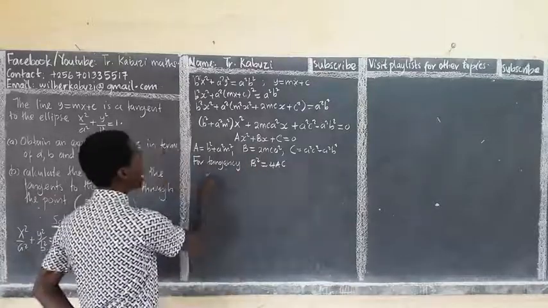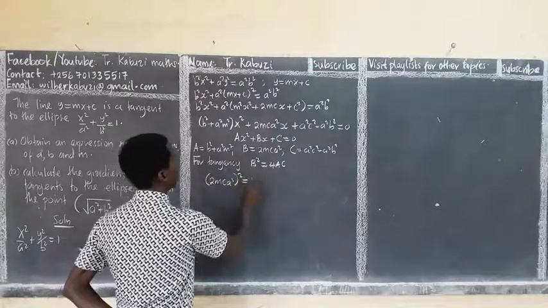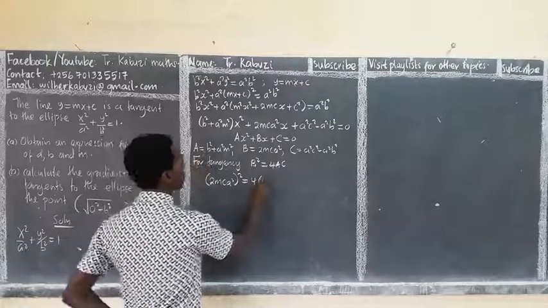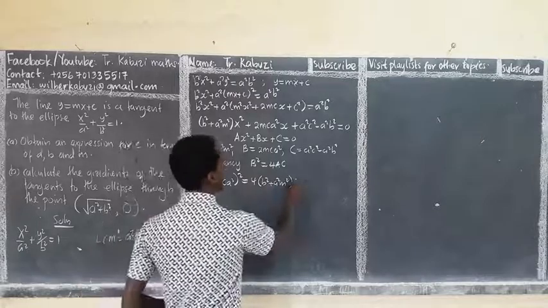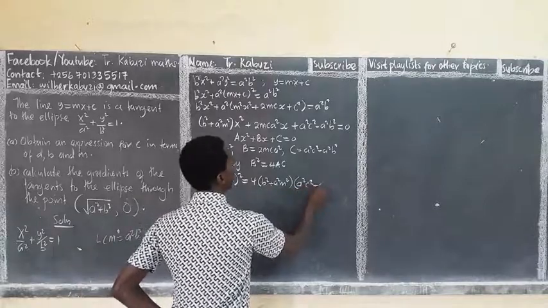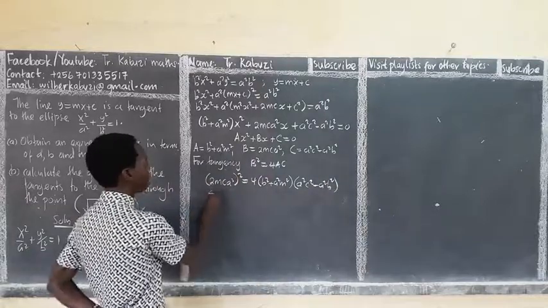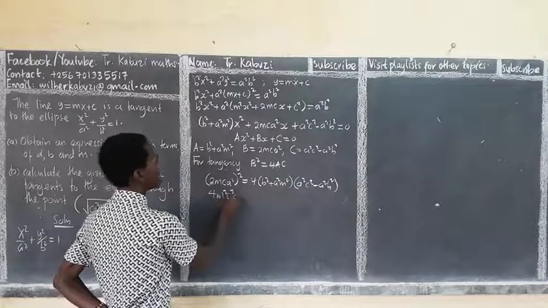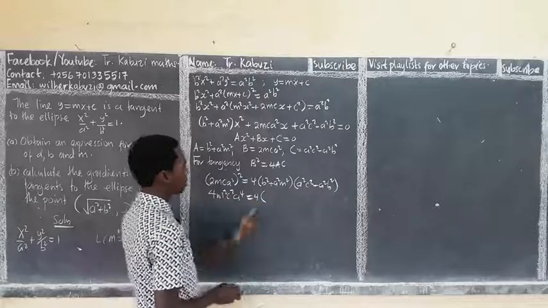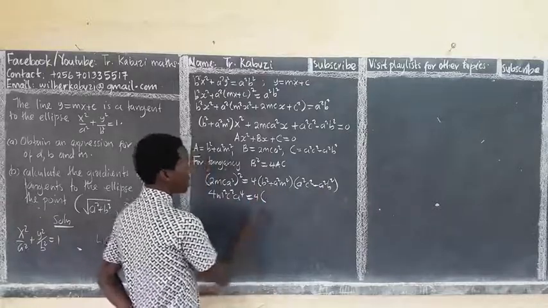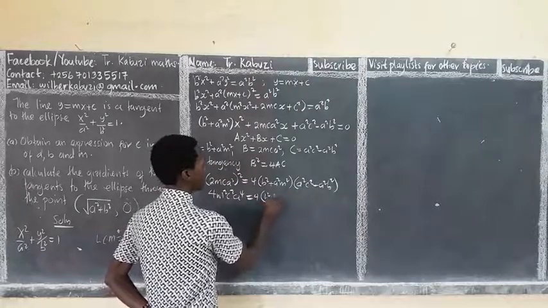My B is there, so I have 2mc a squared, the whole squared, equal to 4 into my A, then into my C. When we square, we get 4 m squared c squared a power 4 equal to 4 into the expansion of the brackets, which gives b squared a squared c squared.